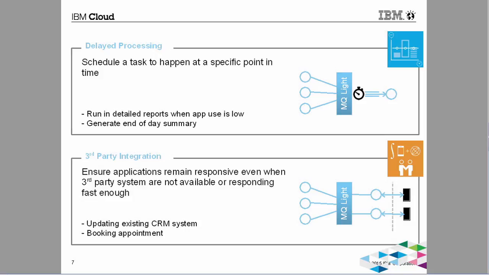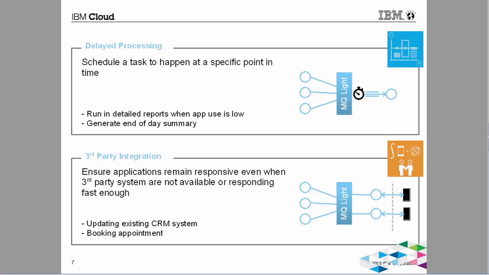The key use cases in this scenario are updating a CRM system, or making sure that a booked appointment is updated. Basically, this is one of the messaging systems that can be used in that scenario too.